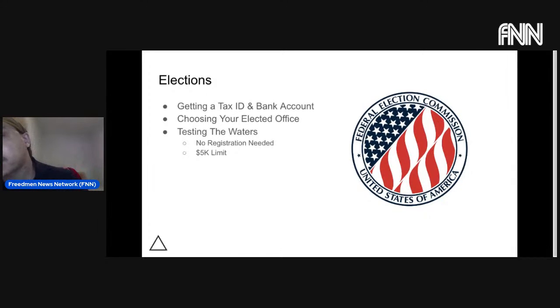Once you hit it, then you register with the FEC. And basically, you fill out a form which includes your campaign name, what office you're running for, that EIN number for your tax ID, your bank account, things like your treasurer, and any campaign committee, like a political party, for example.